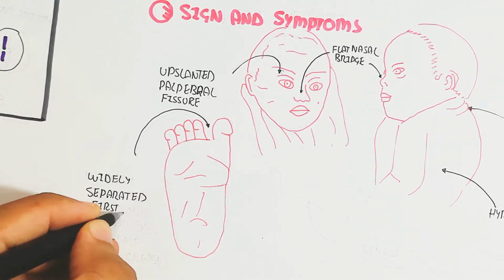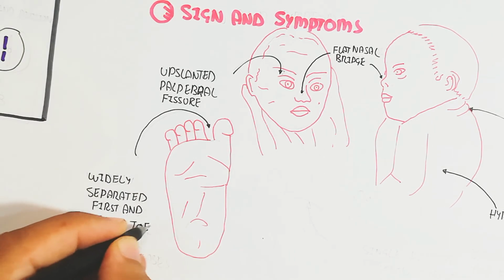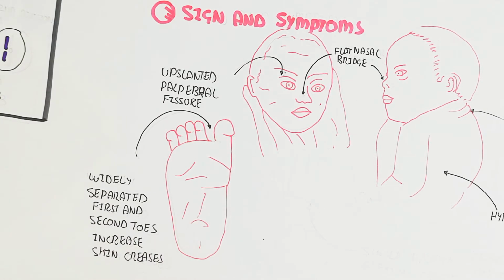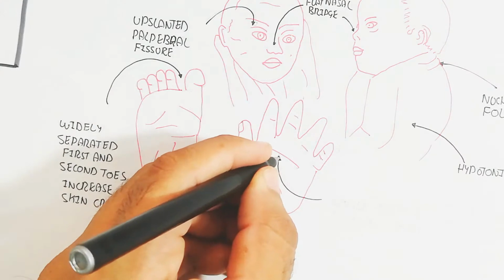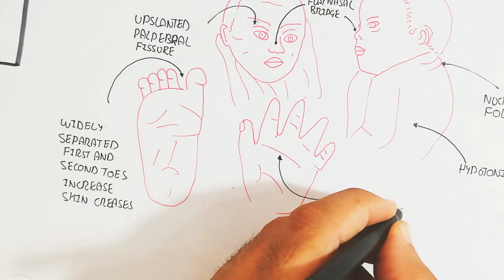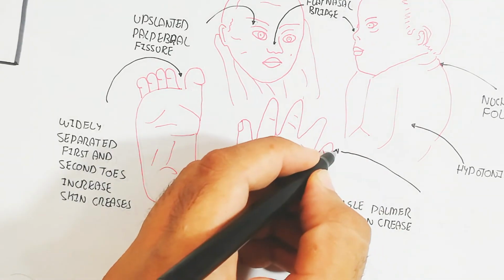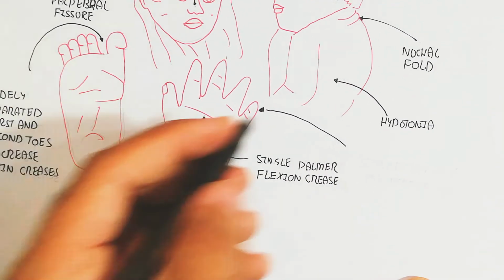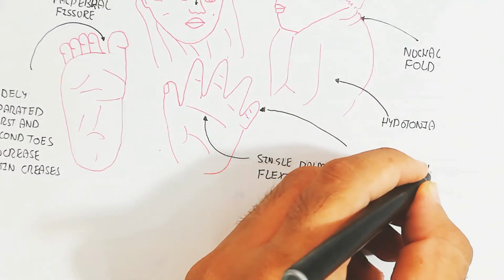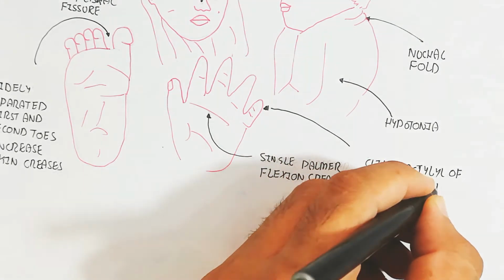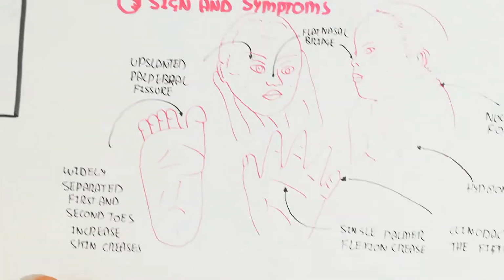Hypotonia means unable to flex and relax muscle. There is a wide separation of the first and second toes, increased skin creases, and here is the hand. Basically the feet have widely separated toes, and there is a single palmar flexure crease in the hand as well as clinodactyly of the fifth finger.